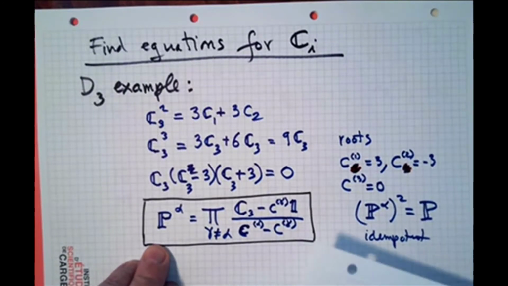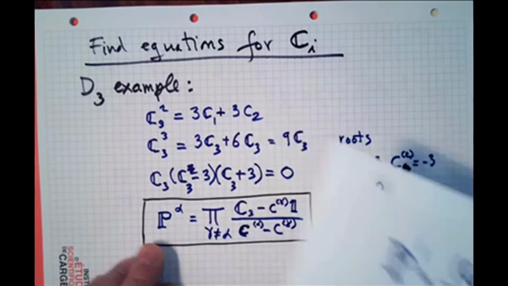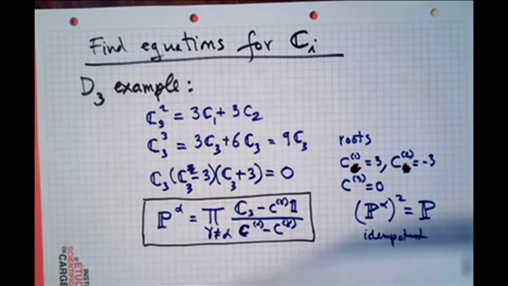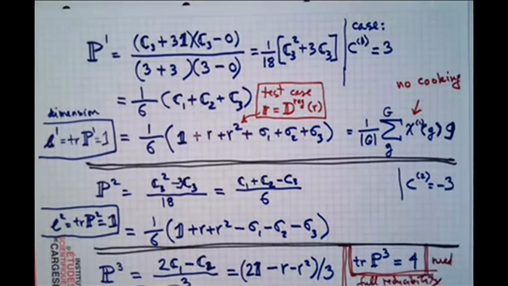Then when you use both of them, you get the full reducibility, meaning that the second one will split this into two invariant subspaces. So we should be looking for what C2 does to the third projection operator of C3, in higher dimensional spaces, because once you've gotten to one-dimensional spaces, all observables just return a number on it. That's kind of obvious.